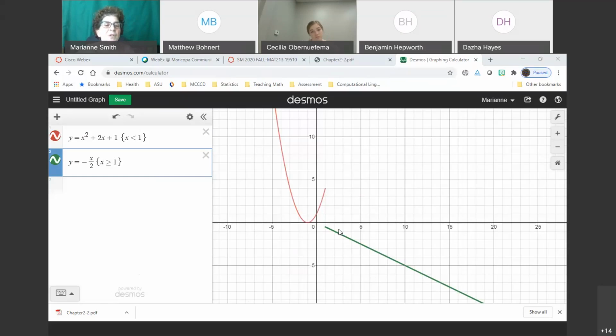Here's what I put in the chat: continuity at x equals c means the limit as x approaches c must exist and it must equal the function value there. So that's kind of a summary of limits and continuity, and hopefully that's clear to folks.